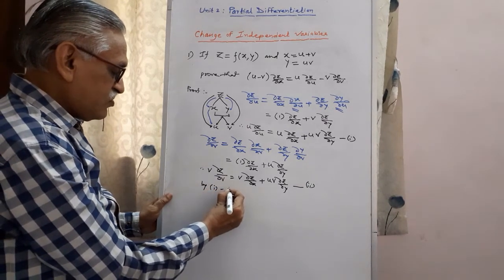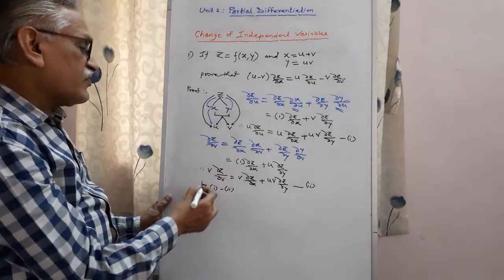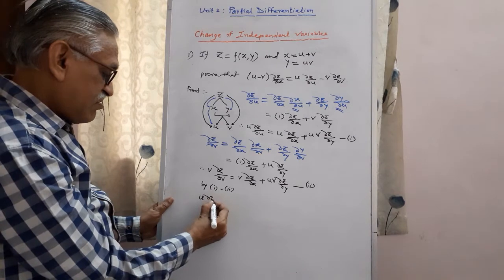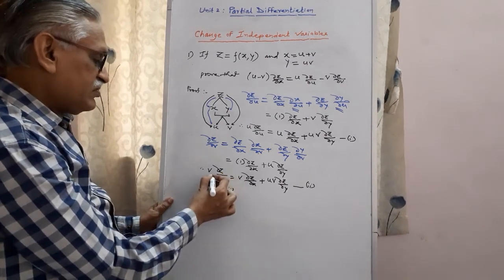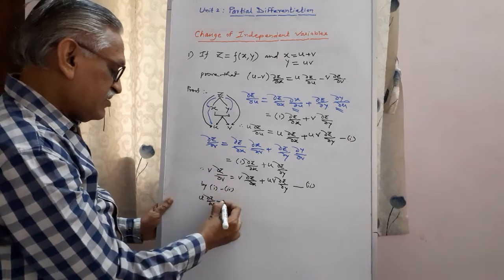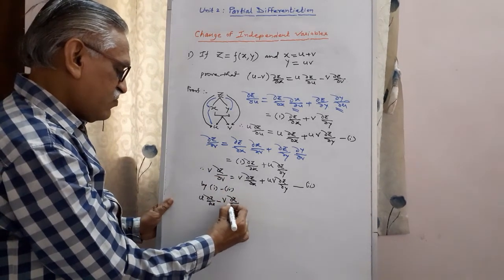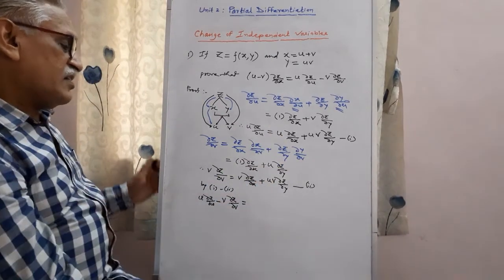Okay, and then take the subtraction of these two results, and therefore by 1 minus 2 we get: 1 is u ∂z/∂u, second left hand side is v ∂z/∂v, this minus this.